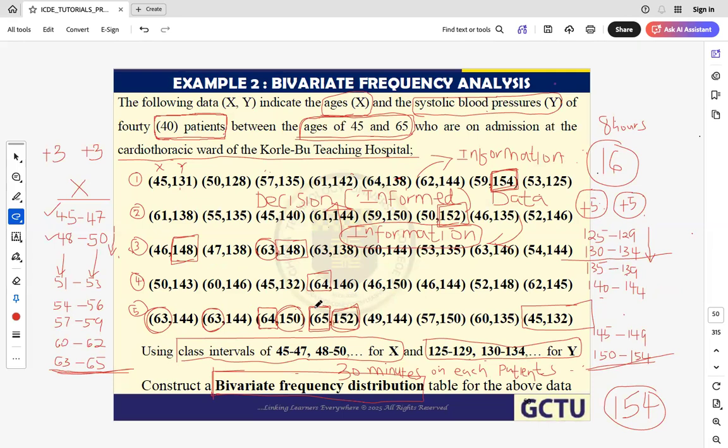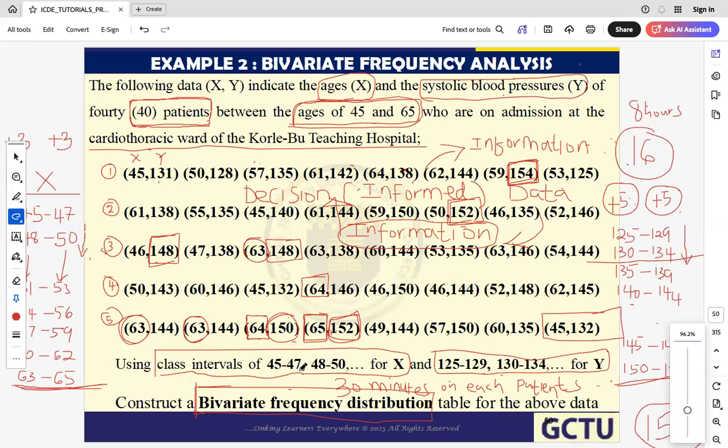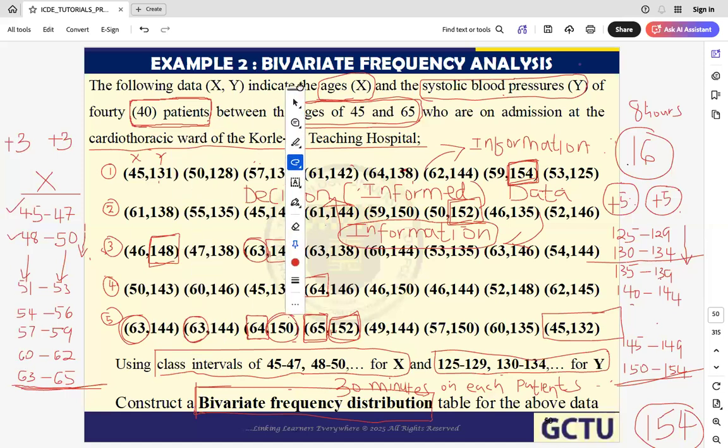Yes, so stay on. Have you seen this one? 45 to 47, 48 to 50. Have you seen it? Yes, please. Okay. So that was what I arranged here. 45 to 47, 48 to 50. And then I was asking from 45 to 48, it is plus what?